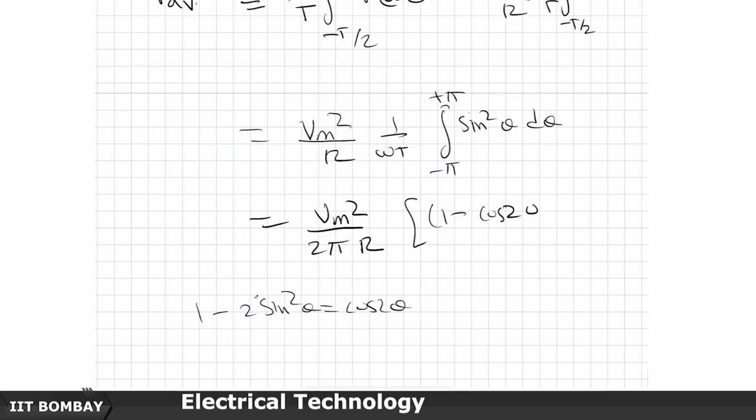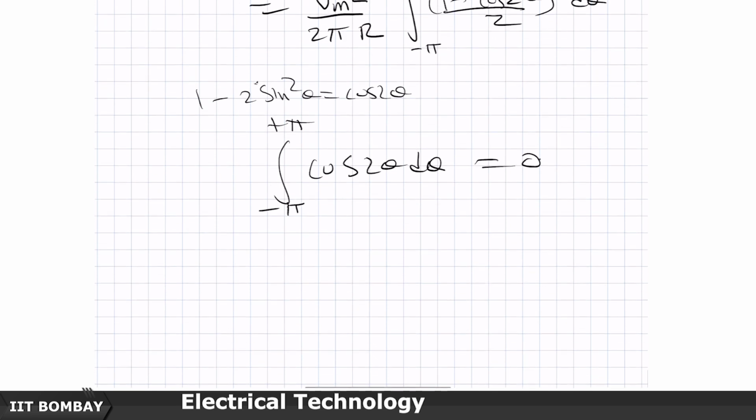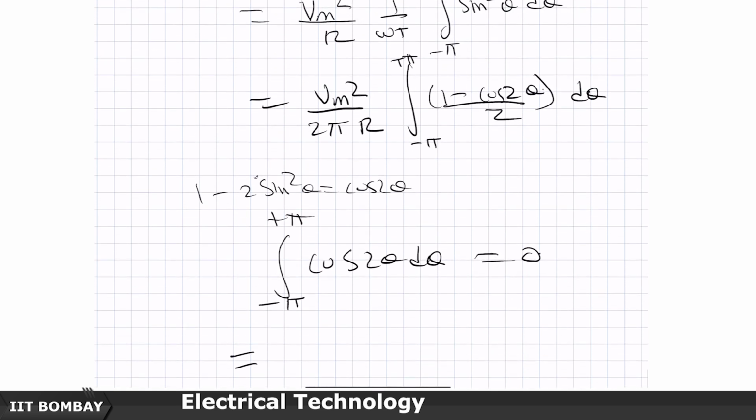So, therefore, 1 minus cos of 2 theta by 2 times the integration d theta from minus pi to plus pi. The integration of cos 2 theta from minus pi to plus pi is going to be 0, which I leave it to you to check out. The first term, when you integrate with respect to d theta, is theta, and when you integrate it from minus pi to plus pi, it will be exactly equal to 2 pi, and that 2 pi is going to cancel out with this.